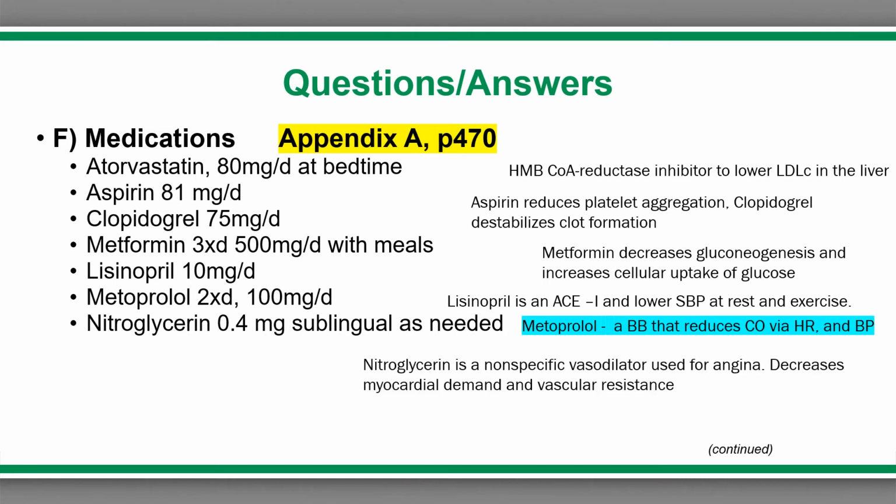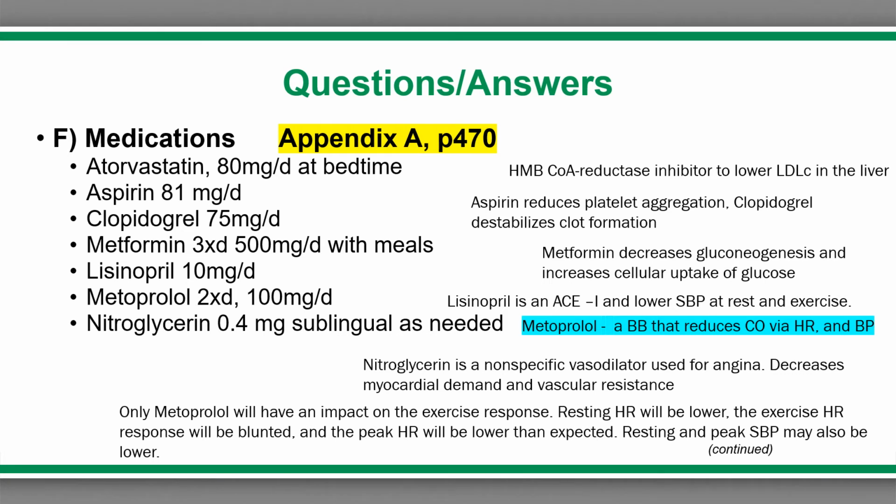Nitroglycerin is a non-specific vasodilator that's used with angina. So when a person is experiencing angina, they pop a nitroglycerin underneath their tongue, and that's going to cause a non-specific vasodilation, and sometimes people will say they get headaches from it, and that is important to know too.